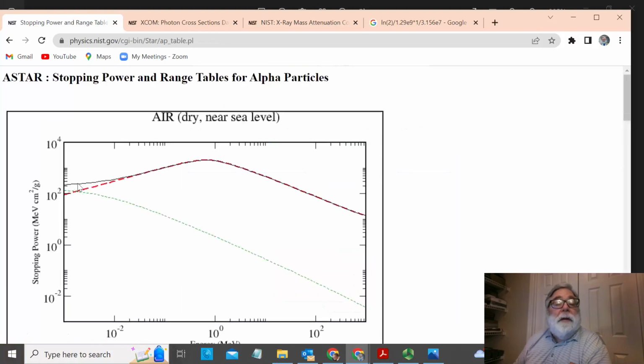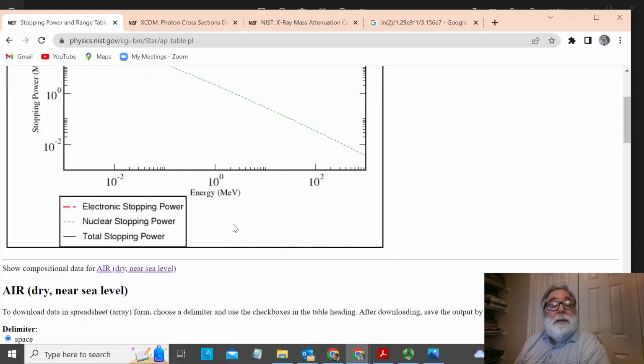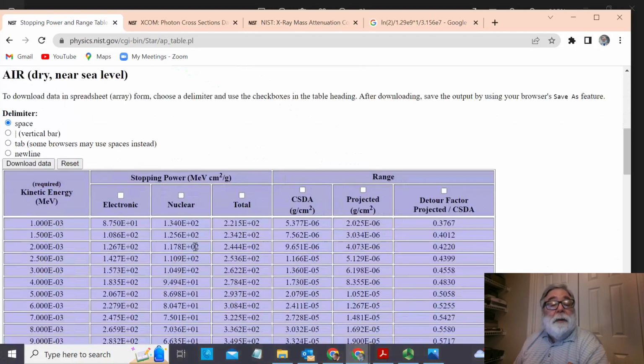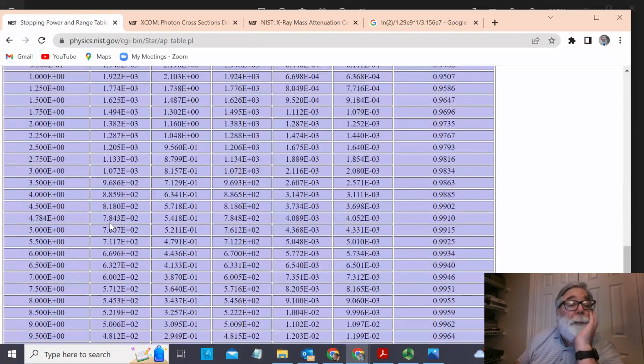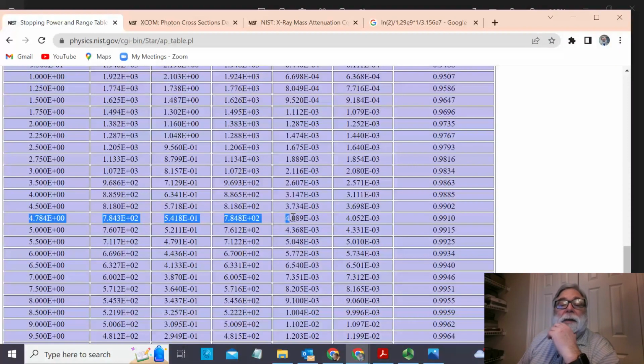We see that only at low energy, below 10 to the minus 2 MeV, 10 keV, does the nuclear component add significantly. So let's go down to 4. I should have an entry for 4.784 because that's what I put in. And here are my stopping powers.